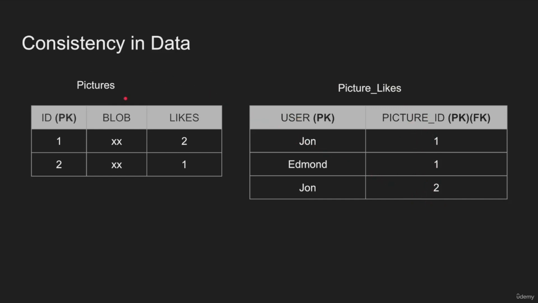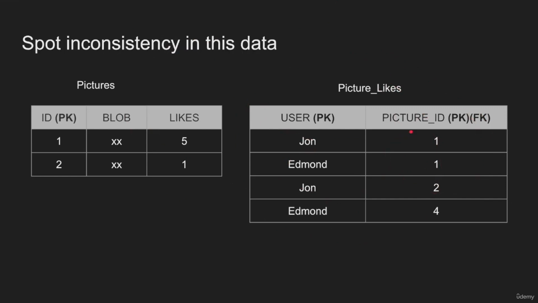That's also an inconsistency. And this is what we really mean when we talk about consistency in ACID transactions. We're talking about the ACID consistency here. So I'll give you a few moments to spot the inconsistencies in this data model. Take a look.